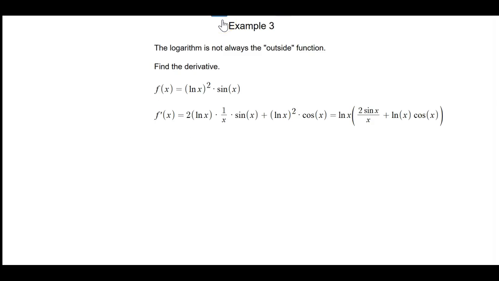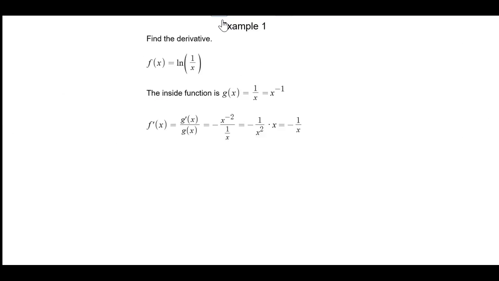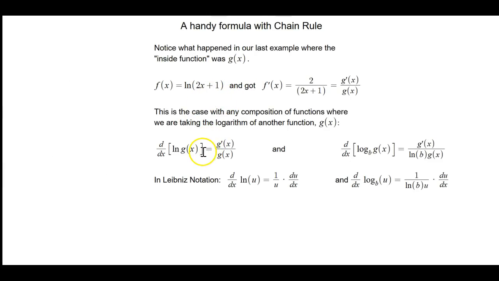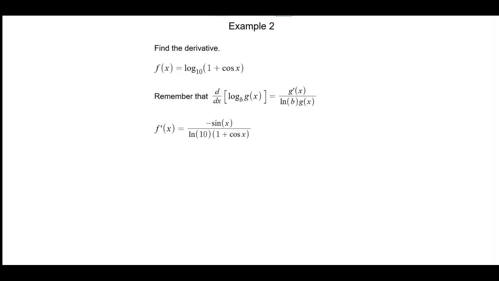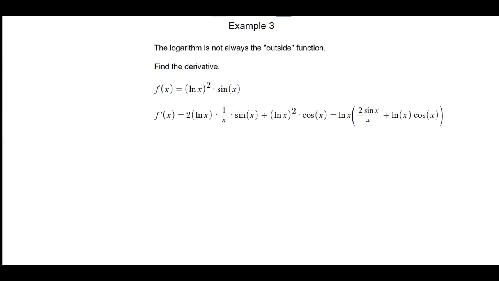Make sure you realize that these formulas are only for when the logarithm is the outside function and the inside function is something else. There are going to be problems where the logarithm's involved in a function, but it's not the outside function. So, for example, ln of x squared times the sine of x. Here we'd use the product rule.